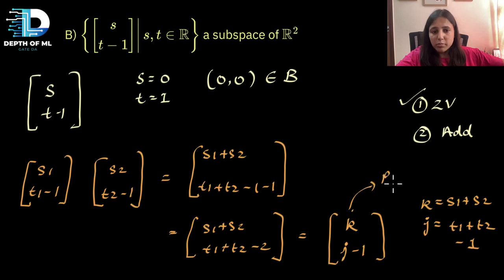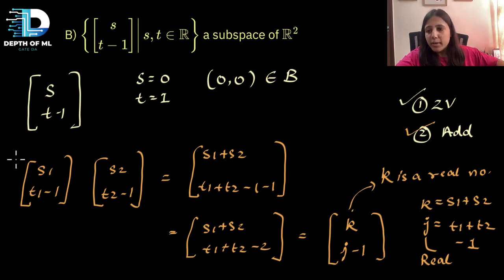S1 was a real number and S2 was a real number, so K is a real number. Similarly, we have to check whether J is a real number. T1 was a real number, T2 was a real number, minus 1 is a real number. So J is also a real number. So I am able to reduce it to the form (K, J minus 1), where K and J are real numbers. Hence this is also closed under vector addition.